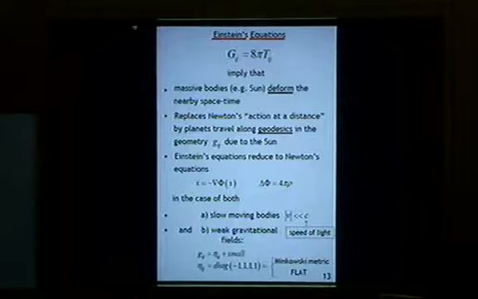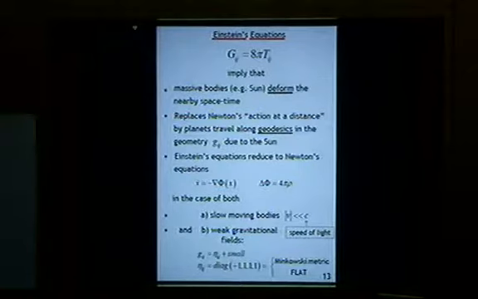So what's beautiful is Einstein's complicated equations reduce to Newton's equations in the case of slow-moving bodies. That means bodies whose speed is much, much smaller than the speed of light, and also weak gravitational fields. That is, the metric should be the flat Minkowski eta_ij, always diagonal everywhere, minus 1, 1, 1, 1, plus a small error. Okay? So it reduces to the Newtonian equations.